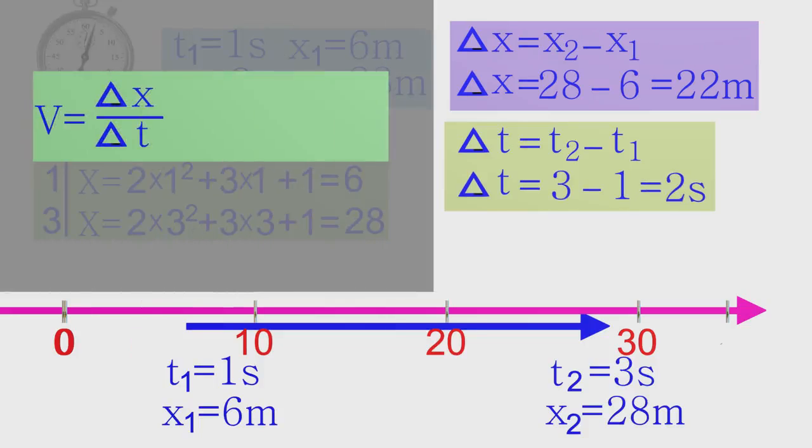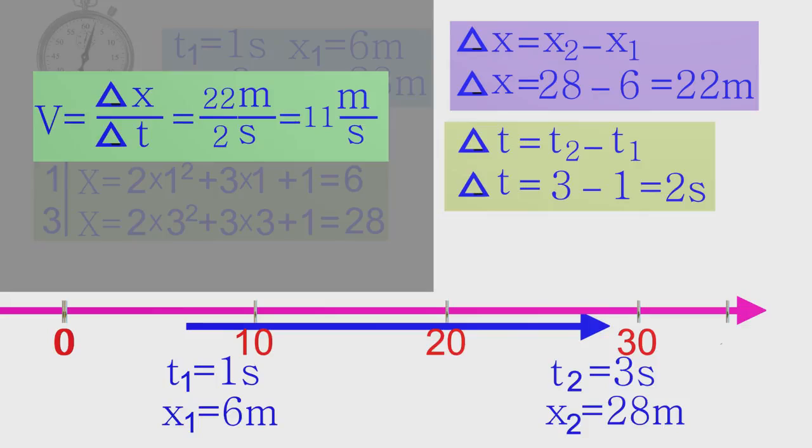The average velocity between these 2 moments is obtained by the following expression, which is equal to 11 meters per second.